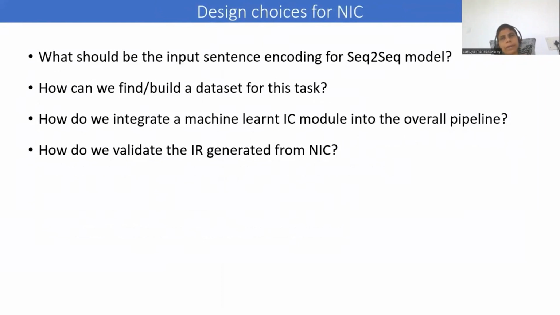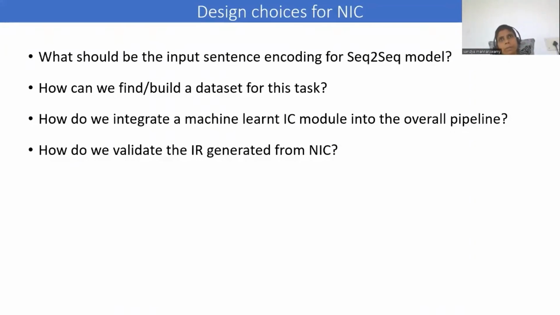Before we get to how we implement our machine learned model for instruction combiner, there are a number of design choices when we are trying to use a neural instruction combiner. So the questions are, what would be the input representation for our sequence-to-sequence model?